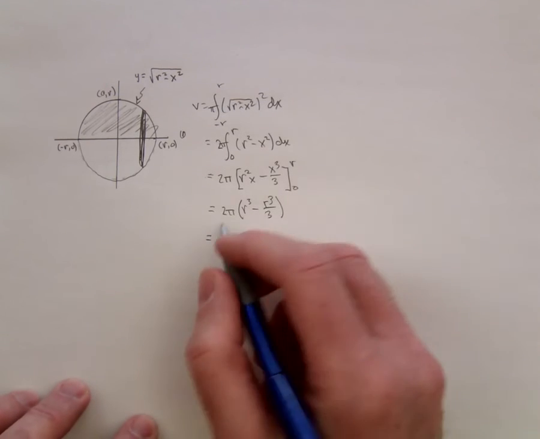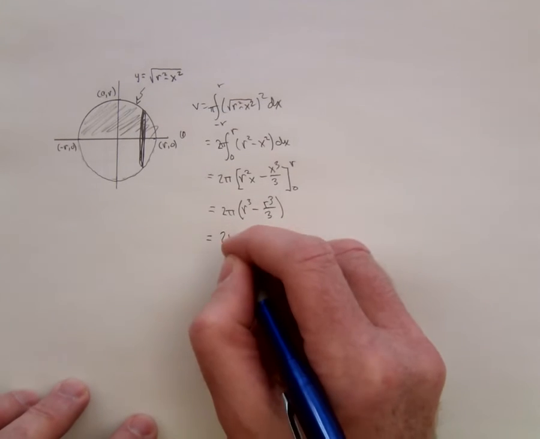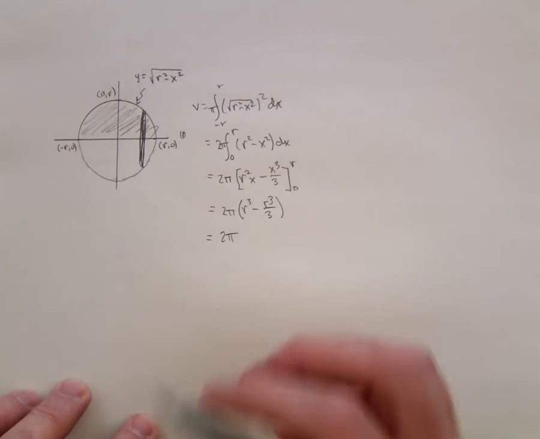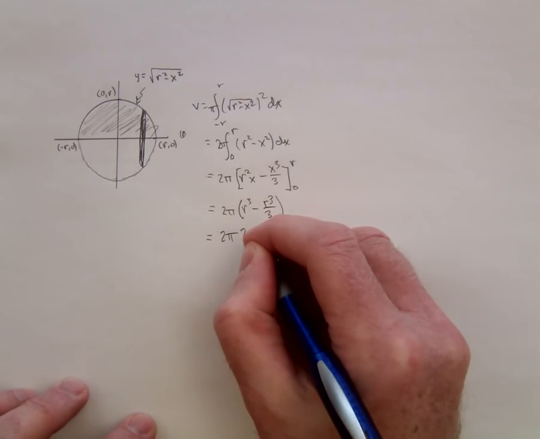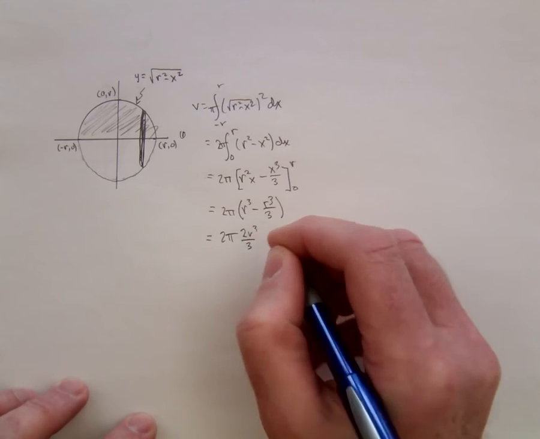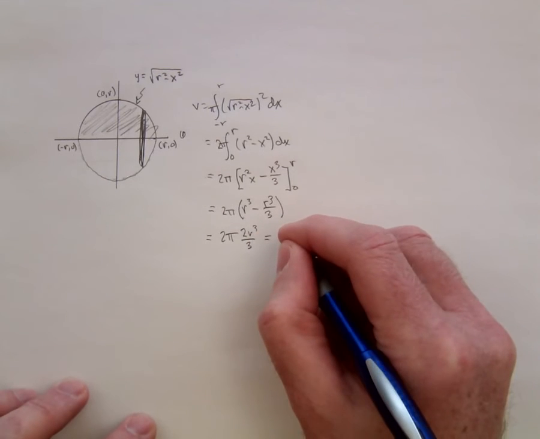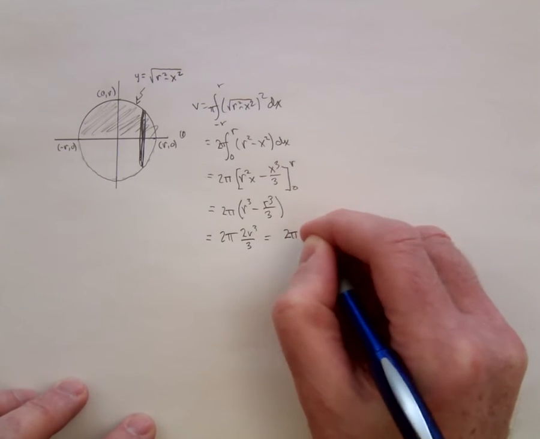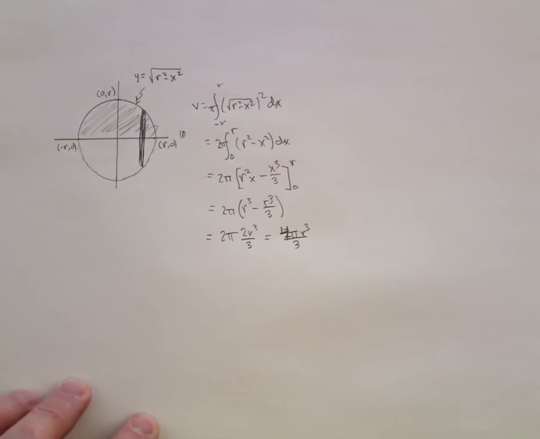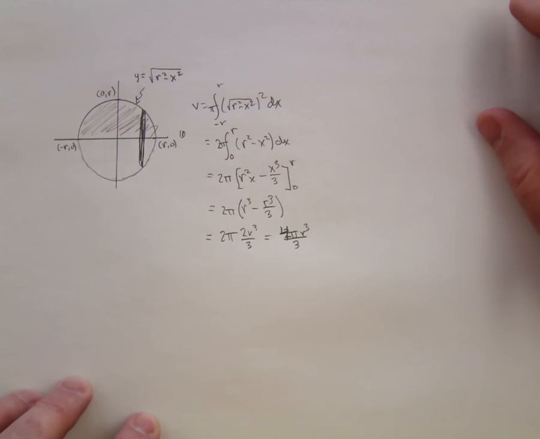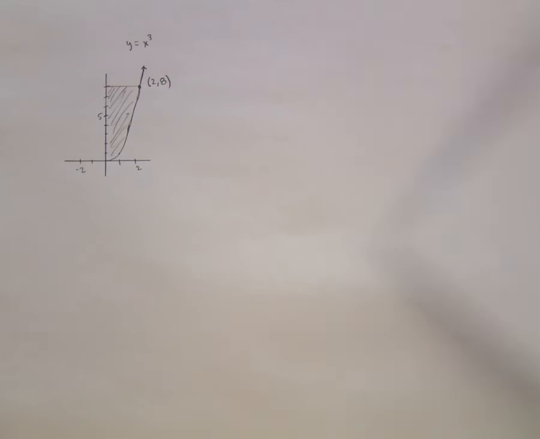And I've got the 2 pi, and 1 r cubed minus a third r cubed is 2/3 r cubed, and 2 times 2 is 4. So I've got 4 pi r cubed over 3, which, as my high school calculus book said when it reached this moment, is reassuring.